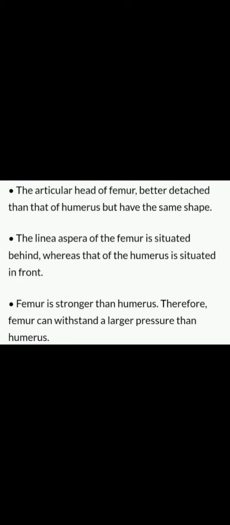The articular head of the femur is better detached than that of the humerus, but they have the same shape. And the linea aspera of the femur is situated behind, whereas that of the humerus is situated in front. And then femur is stronger than humerus, so femur can withstand a larger pressure than the humerus.